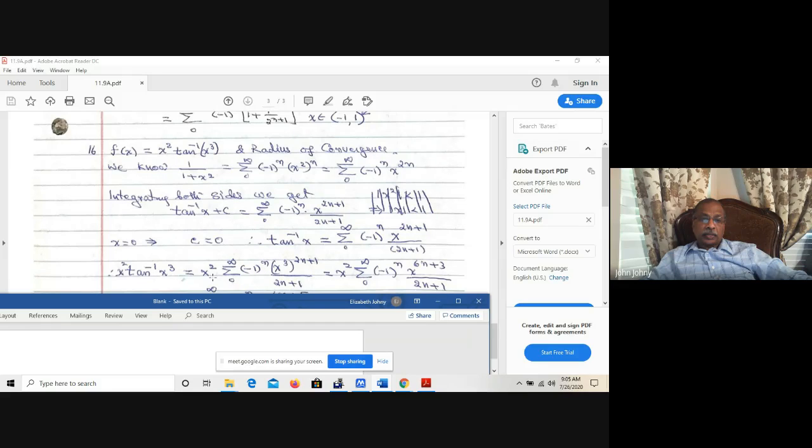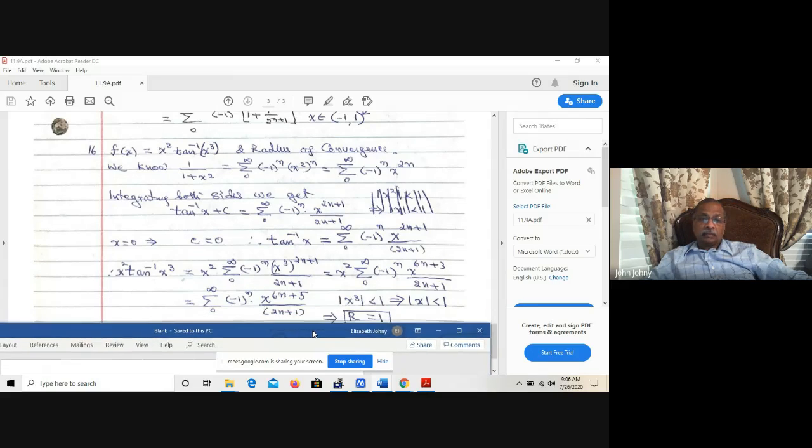So x squared times sigma 0 to infinity, negative 1 to the power of n, x cubed to the power of 2n plus 1 over 2n plus 1. That is x squared times sigma 0 to infinity, negative 1 to the power of n, x to the power of 3 times 2n plus 1, that is 6n plus 3, divided by 2n plus 1.